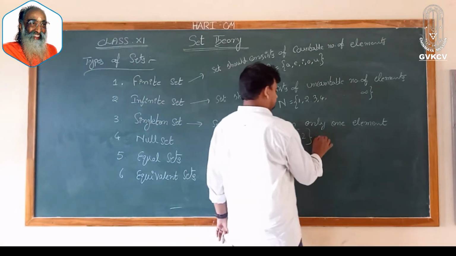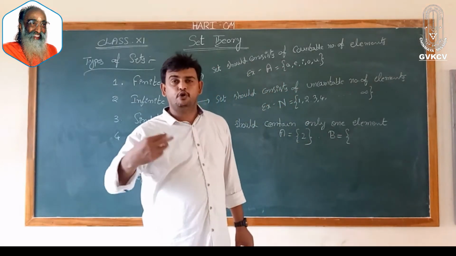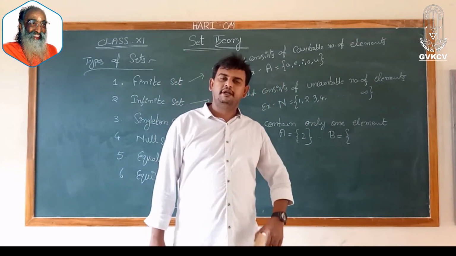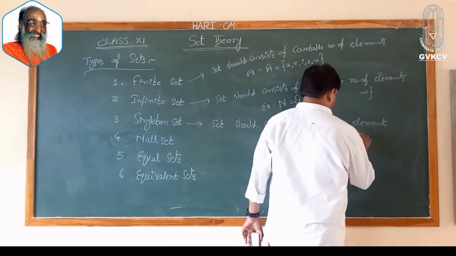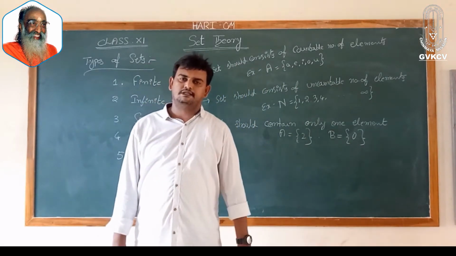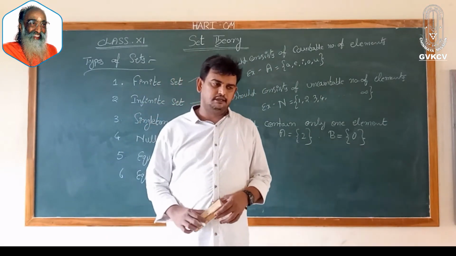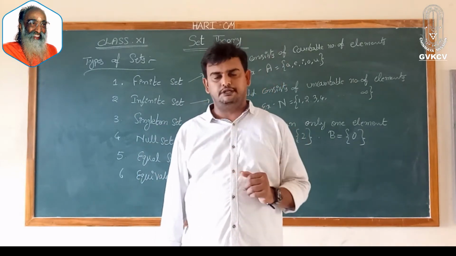Similarly, you can have numbers neither positive nor negative. How many numbers do we have that are neither positive nor negative? Only 0. Here also we have one element, that is called singleton set. Another one I can say is which is neither prime nor composite.